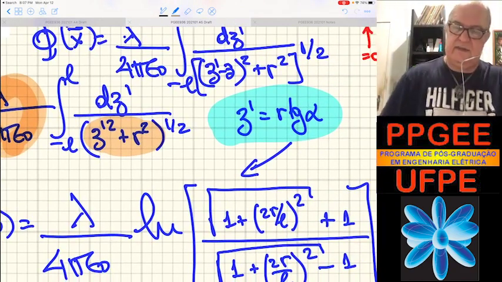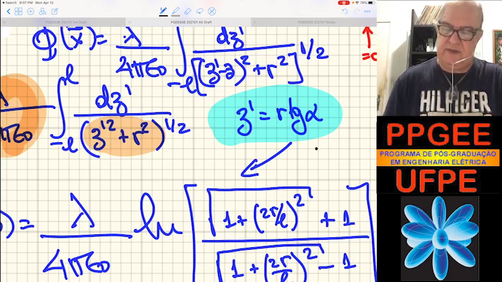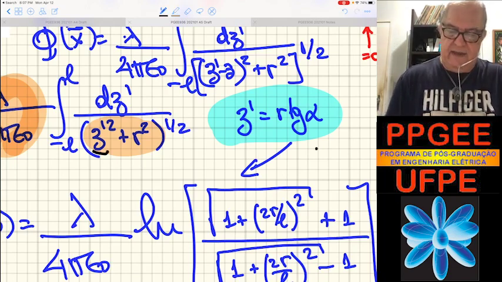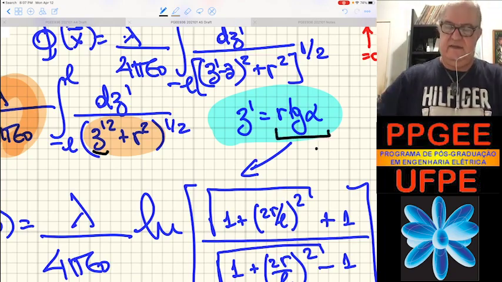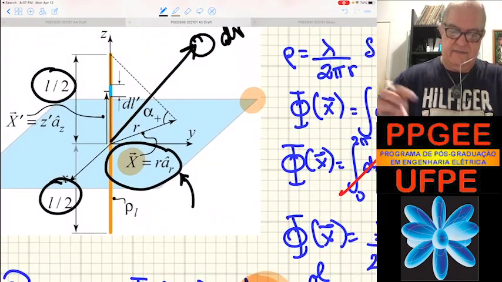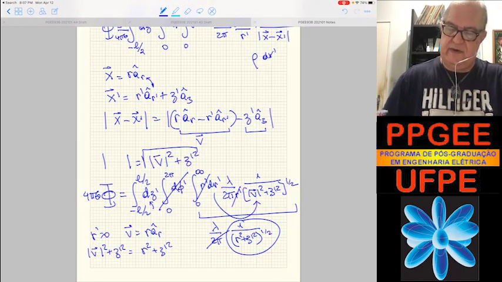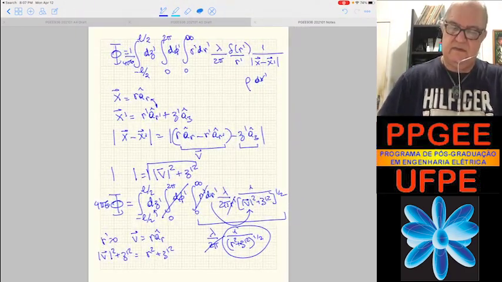But the trick is to make the substitution z prime equals r tangent of alpha. Let me do a separate drawing here.